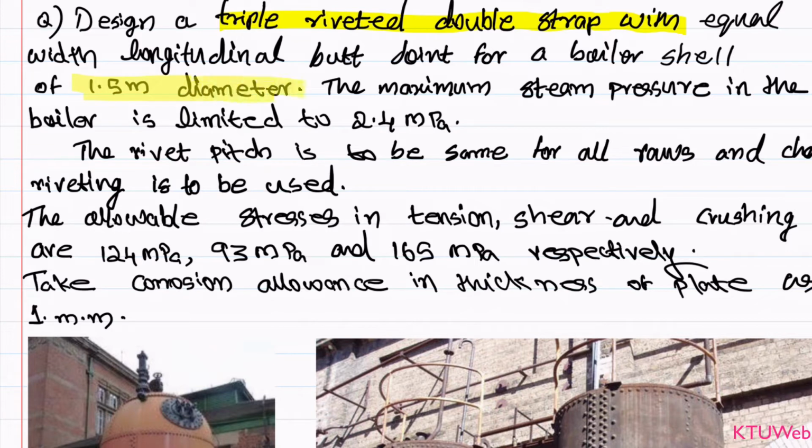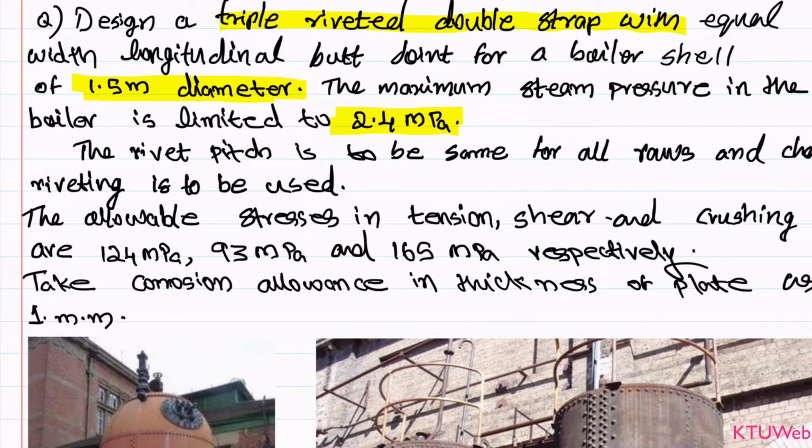So we have to design a boiler with 1.5 meter diameter, and the steam pressure is given as 2.4 megapascal. So the steam pressure is basically what we call the hoop stress that we experienced within that container.